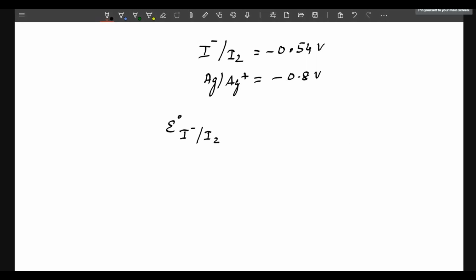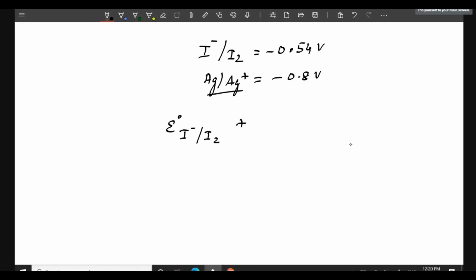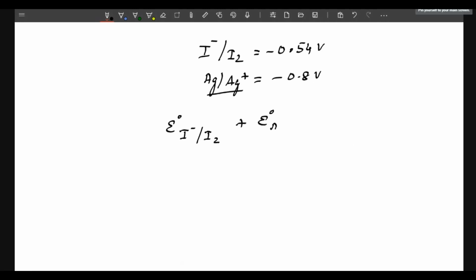The other should be acting as the cathode, epsilon 0. Cathode means reduction should be taking place. What would be the potential value for the cell constructed? It is minus 0.54, and change this one to plus 0.8, and the value is 0.26 volt.